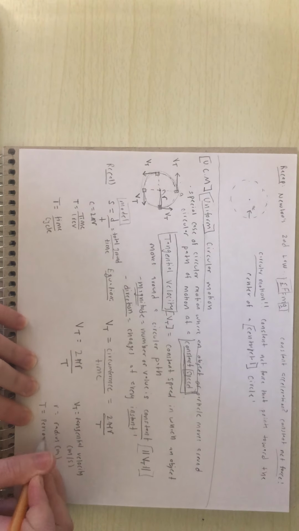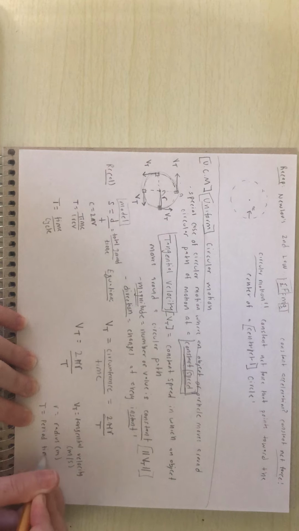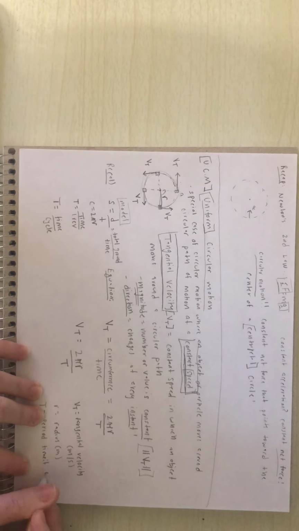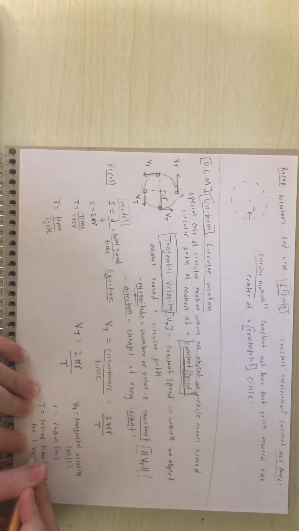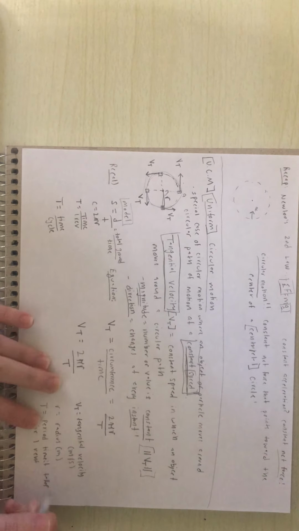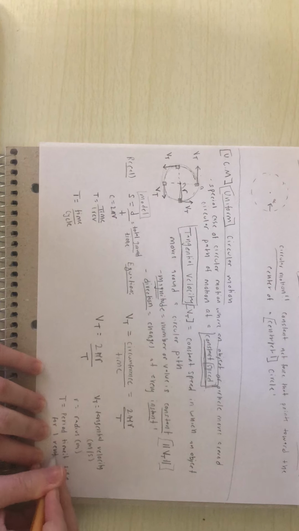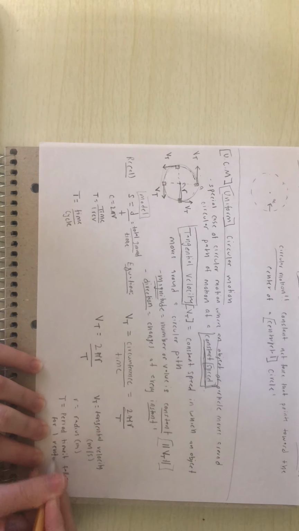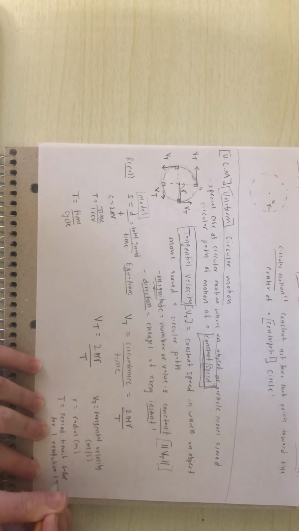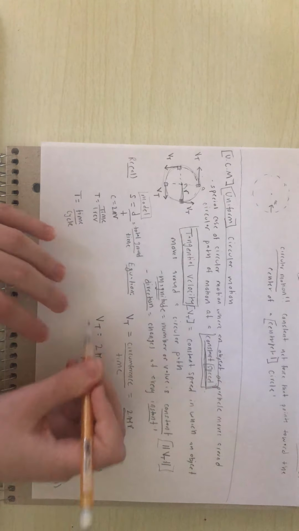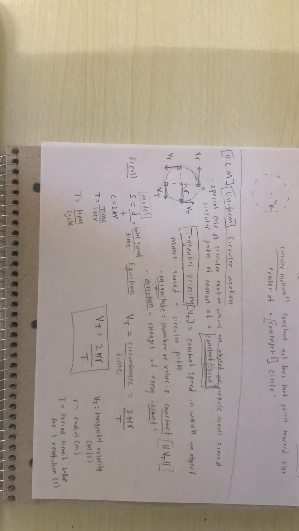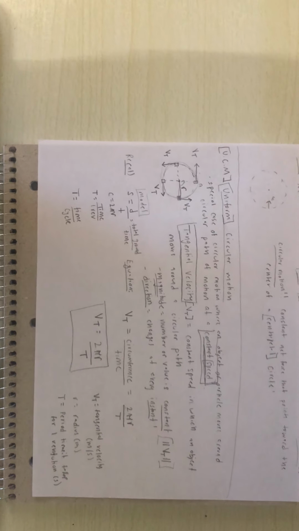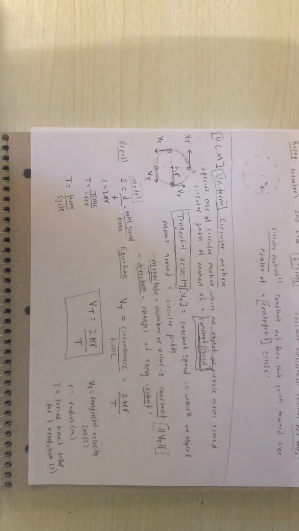In this case, it's the time it takes for one revolution or one cycle, measured in seconds. And there's our first relationship for how we measure motion around a circular path.